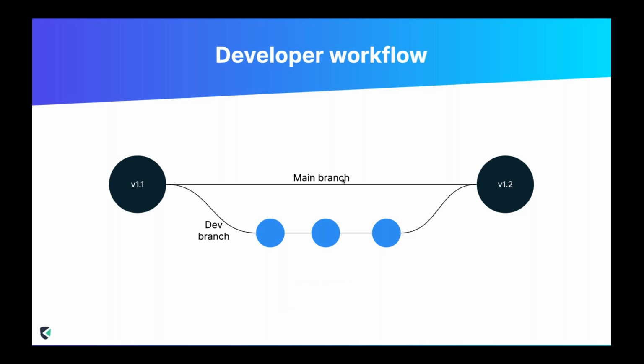So let's briefly talk about what a typical developer workflow looks like in a modern DevOps style CI/CD environment. Usually, whenever we look at a project, there's typically some sort of main branch that we're dealing with. This could be called master or main. In some organizations, it's called dev.